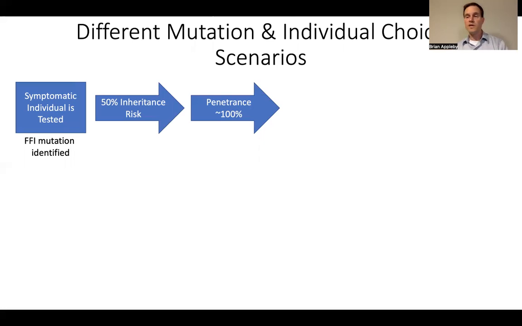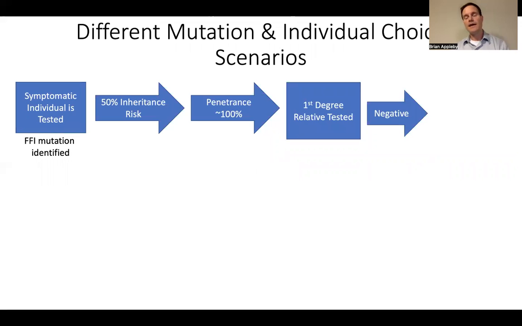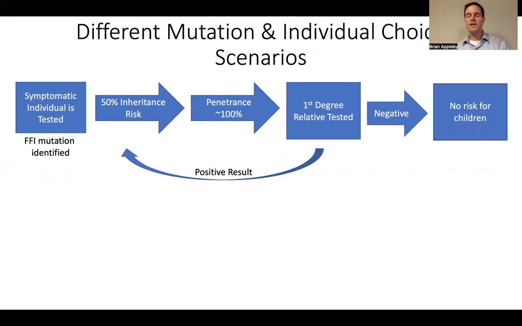So really the risk is 50-50, right? Because either you don't inherit the mutation or you inherit the mutation with close to 100% likelihood of developing the disease. So that first degree relative decides to get tested. Again, if they are negative, their children would not be at risk. If they are positive, then their children would have to go through the same process again.